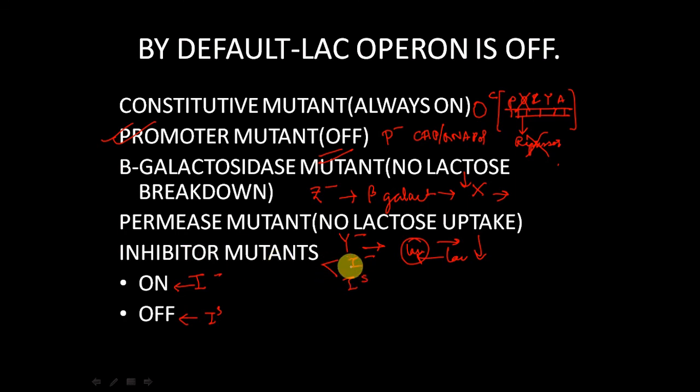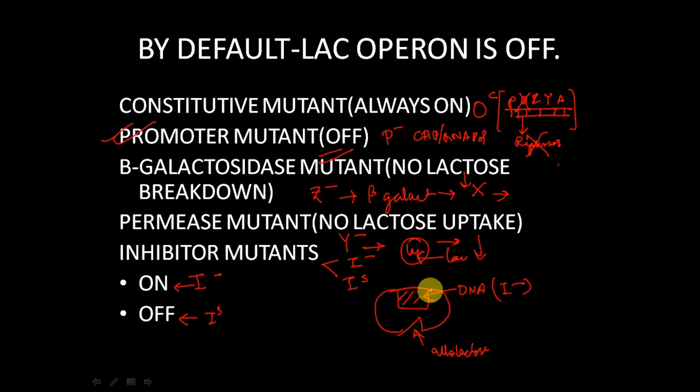Inhibitor mutants are typically important. Why? Because out here the repressor, if you look at the structure of the repressor, it consists of two binding sites. One is the DNA binding site and the other is the allolactose binding site, which is the apo inducer. Okay. Now what happens? This DNA binding site, whenever it is mutated, it is the I- mutant.